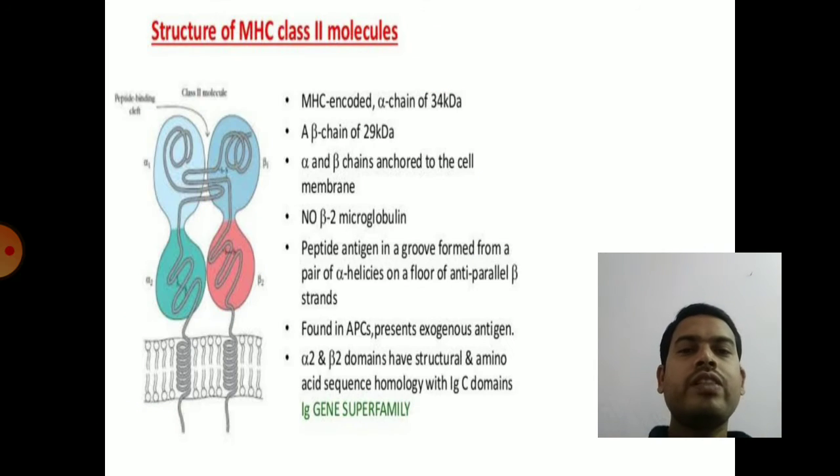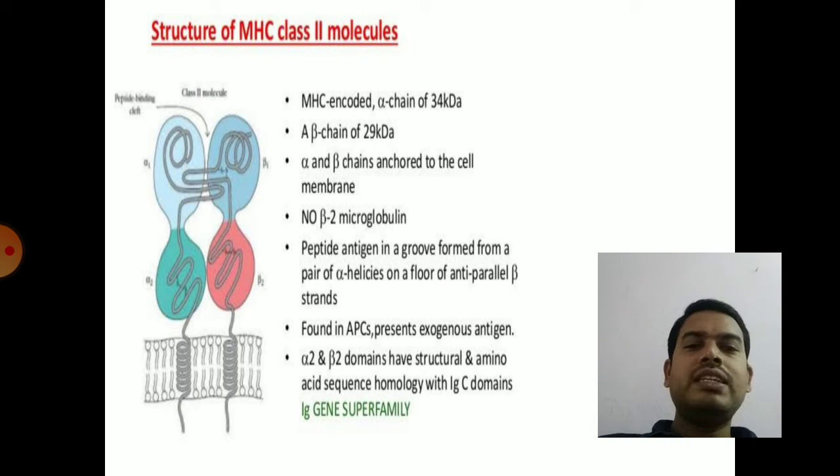microglobulin. So when it comes to class 2 MHC molecule, it contains alpha and beta chains. There is no beta 2 microglobulin as there is in MHC class 1 molecule. You can clearly see the alpha chain of 34 kilodalton and beta chain of 29 kilodalton.